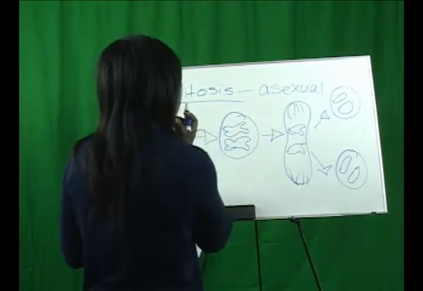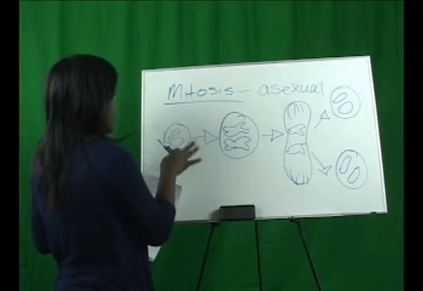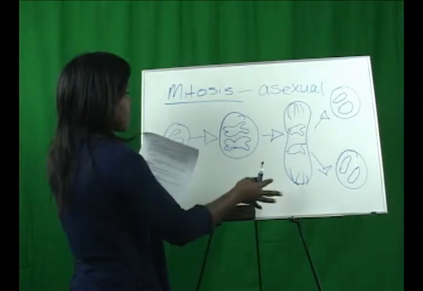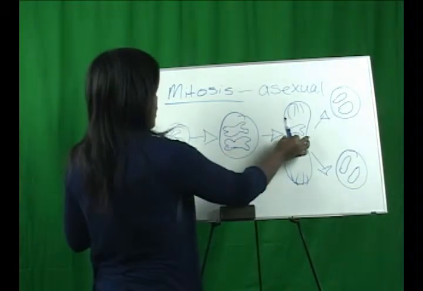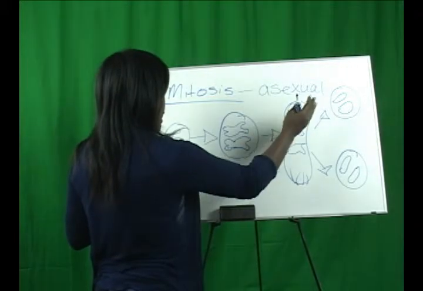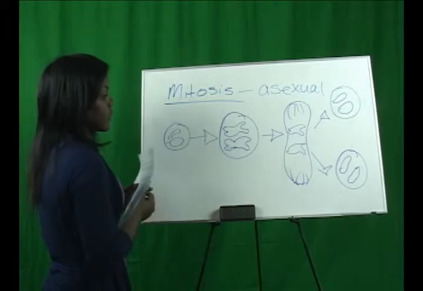And so this is what happens with mitosis. You start off with one cell, the spindle fibers separate, the chromatids and chromosomes duplicate, and they pinch off, and you've now created 2 extra cells.